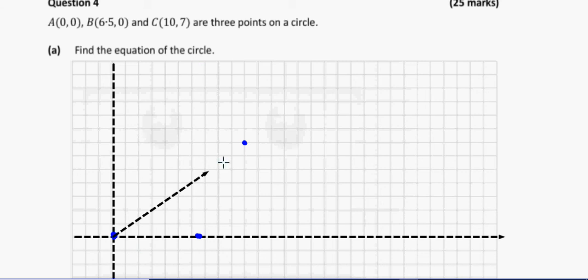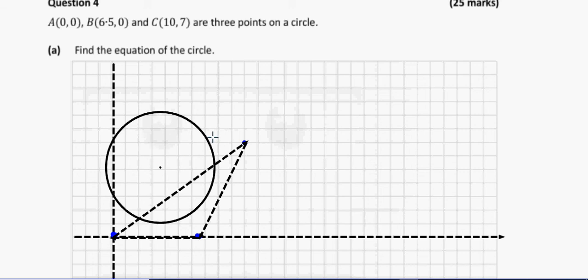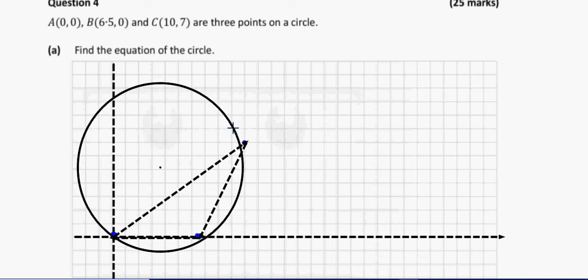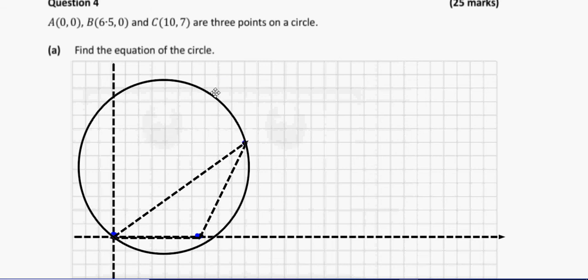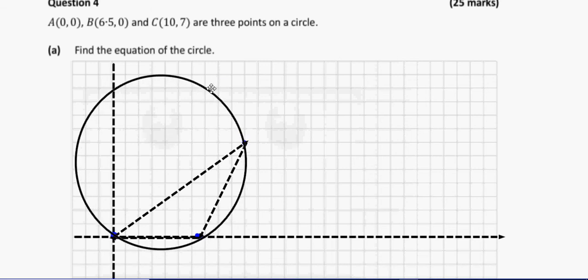That's your triangle there. It's an obtuse triangle, so the circle is going to be outside of it. I'm going to mess around with this until I make it fit. Something like that is roughly what you're dealing with.